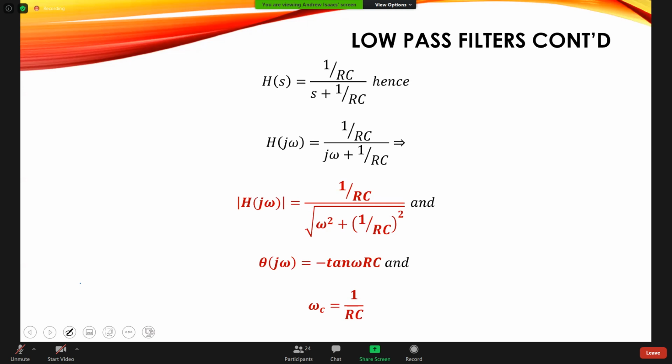Sir, is it tan or tan inverse? Minus tan inverse omega RC.